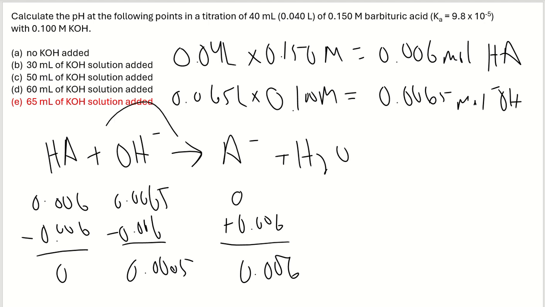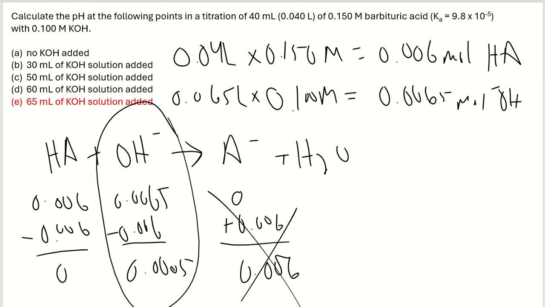Because we have excess hydroxide, and that is a strong base, we can ignore the weak base, the conjugate base, and only focus on the OH minus. Because it's in excess, we can just take the concentration of that OH minus and convert it directly to pOH using negative log of its concentration.